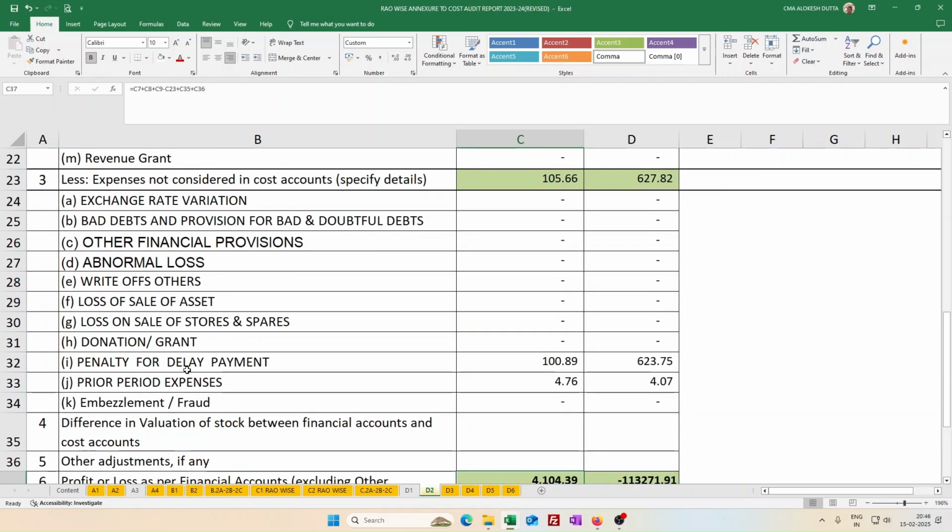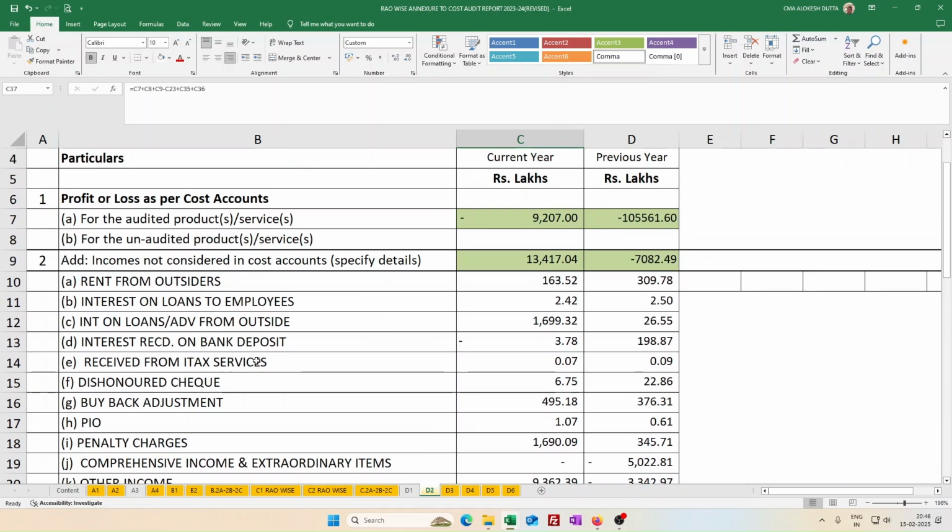These are all financial. Abnormal loss and write-off are part of the purview of cost record. Any purely financial expenditure or financial provision should be kept outside the purview of cost record, so it should be taken here in the reconciliation. We are calling these items RECO items.